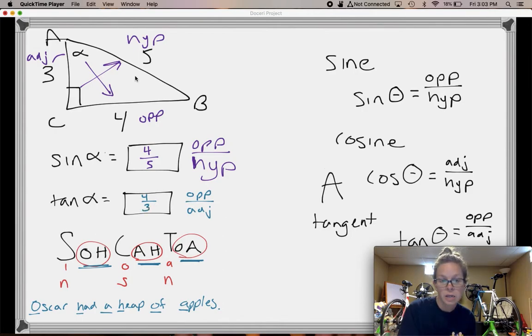And that's a top-heavy fraction, or an improper fraction. The top is bigger than the bottom. Don't turn it into 1 1/3. Don't turn it into a decimal. Leave it just 4/3. That's what we're looking for. Tangents, as well as sines and cosines, these trig functions are called trig ratios, and a ratio is just one fraction, and that's what we want. Okay? Let's do one other example, looking at another triangle.